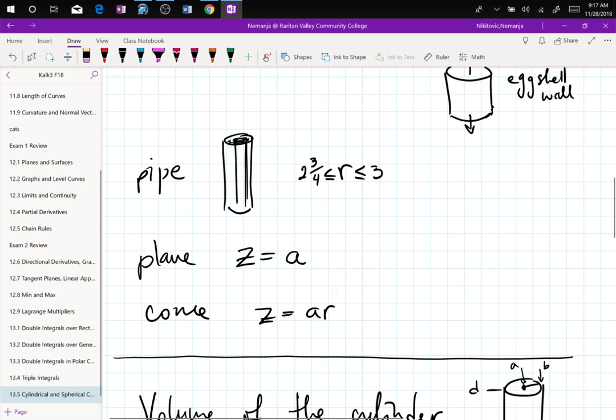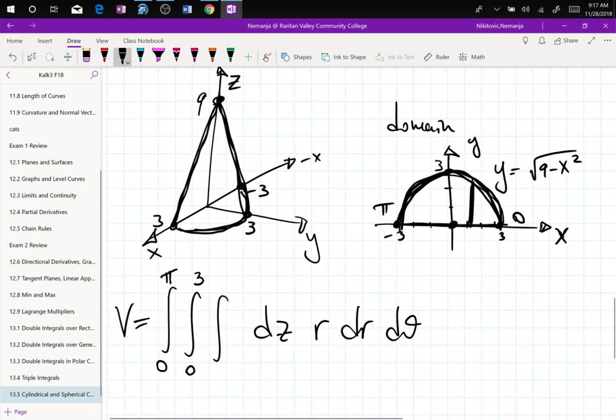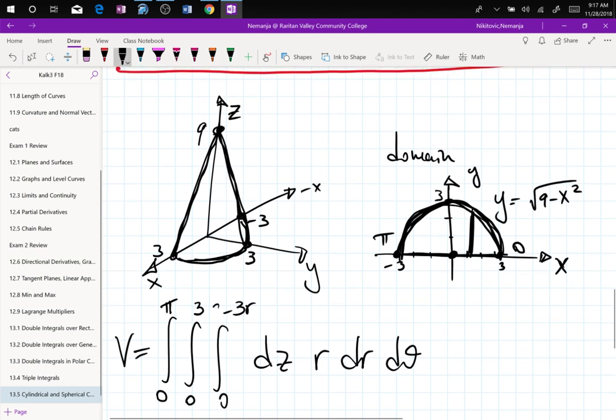Slope is -3, so this is -3r. Oh, sorry, y-intercept, 9 minus 3r. There we go.